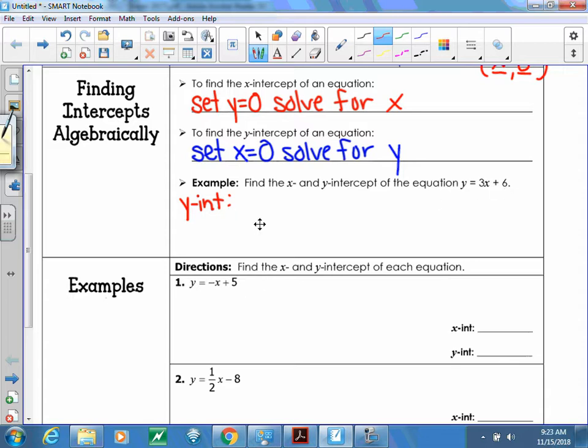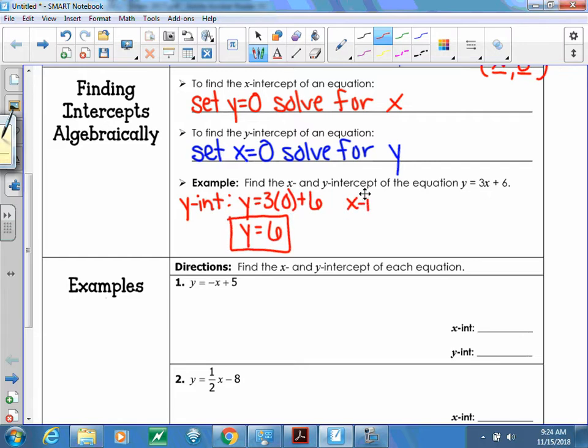If you weren't sure of that, we could still set x equal to 0. So then we can say that y is equal to 3 times 0 plus 6. 3 times 0 is 0, and 0 plus 6 is 6. So our y-intercept would be 6.